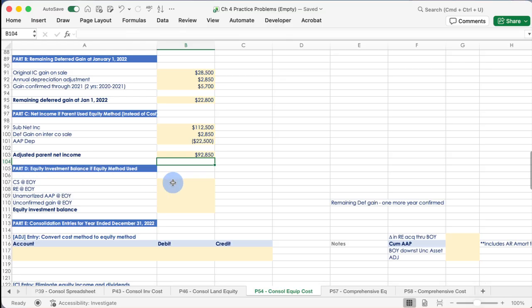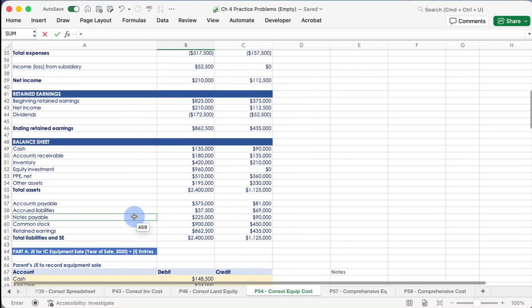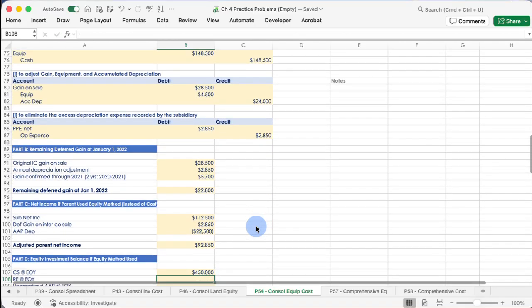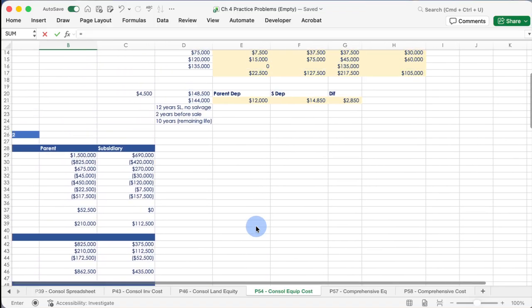Part D is asking us to calculate what the equity investment balance would be if the equity method was used. And so let's go get our common stock end of year. And I'm going to Command D to just copy that down since we're looking at end of year, it's just right below it, so that works out. Then at the end of the year, the unamortized AAP, and so we'll hop up, and we already have that up here.